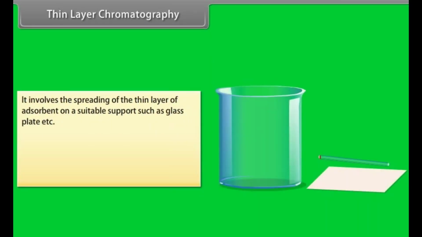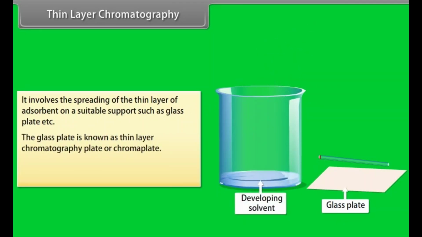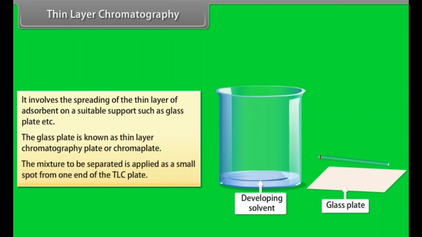Thin layer chromatography. It involves spreading a thin layer of adsorbent on a suitable support such as a glass plate. The glass plate is known as the thin layer chromatography plate, or chroma plate. The mixture to be separated is applied as a small spot at one end of the TLC plate.